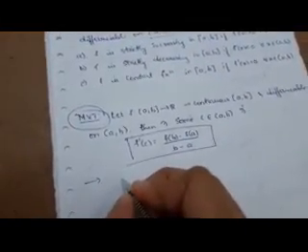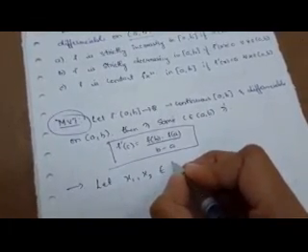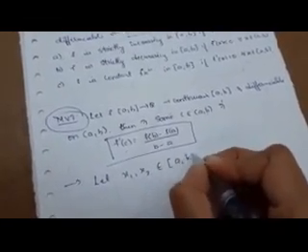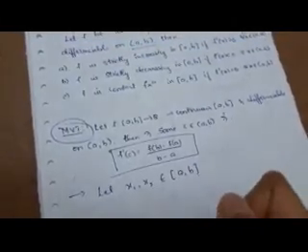First, I am considering two points in this interval a comma b. Let x1 comma x2 belong to the closed interval a comma b. Why did I consider the closed interval?